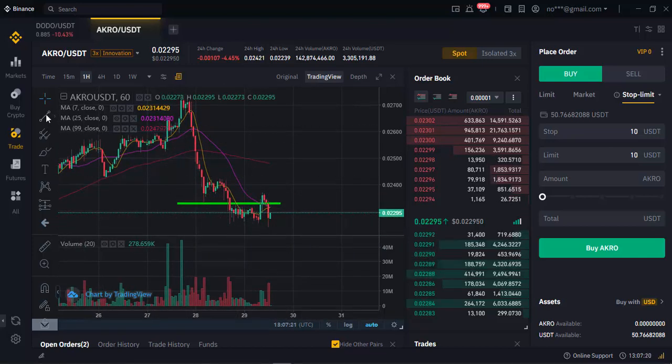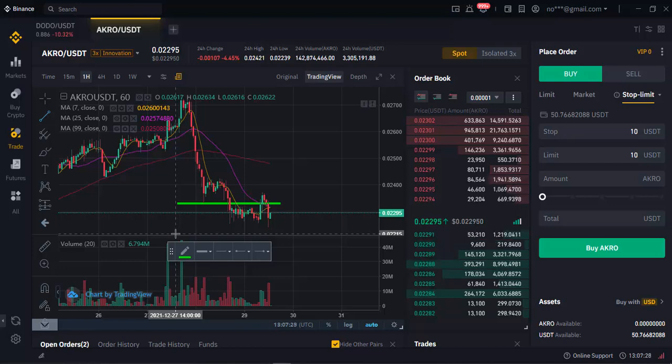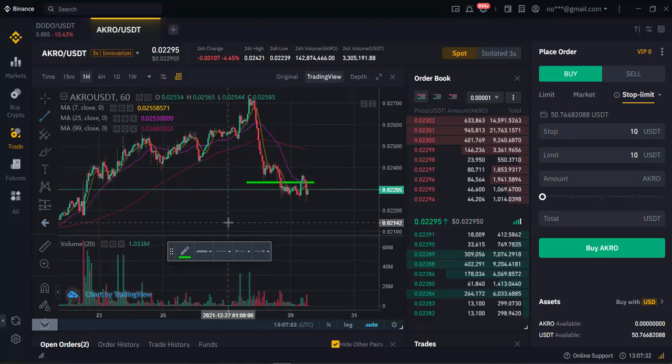I'll grab the line again to get 0.02210.